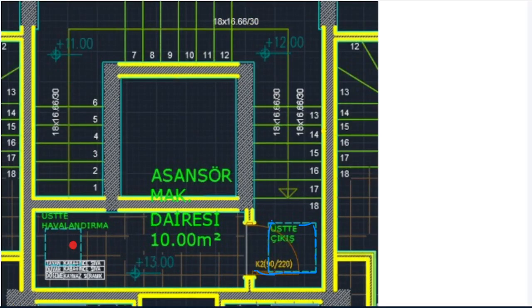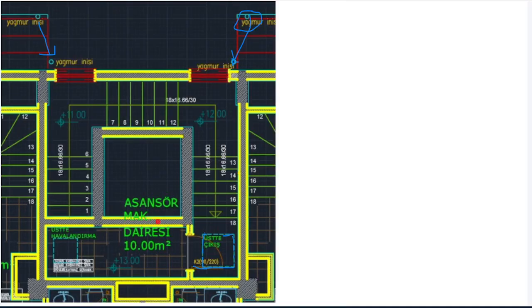Yes, perfect. This is for the ladder. The ladder is going up. And there, if we continue, yes, the door should open outside.